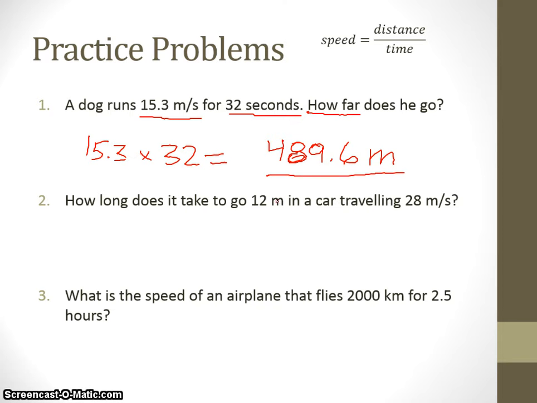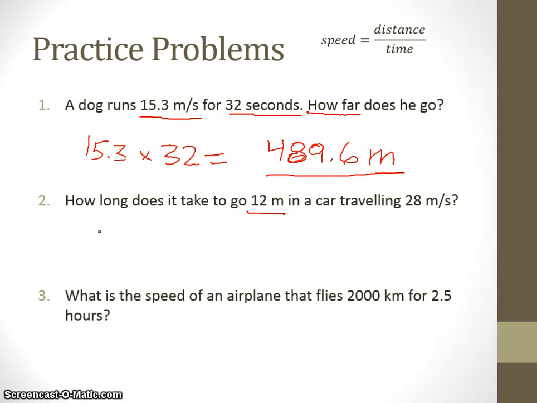How long does it take to go 12 meters in a car traveling 28? 12 meters, that's distance, because it's meters. 28 meters per second is speed, because of the unit meters per second. So now I'm trying to find the time. To get the time, you have to actually divide the distance by the speed. Time equals distance divided by speed.